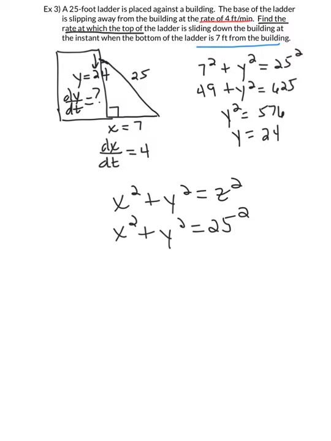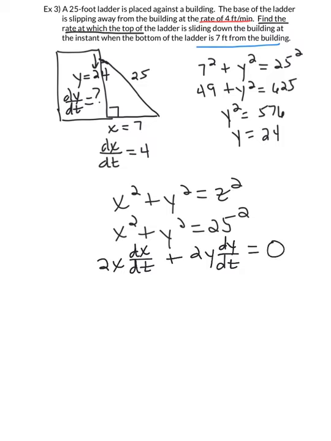So now I need to do the derivative of my formula that I'm using. The derivative of x squared is going to be 2x, and because it was an x, I must write dx dt, plus the derivative of y squared is 2y, and then my variable was y, so we write dy dt, equals, now remember that 25 squared equals 625, and the derivative of a constant is just 0.